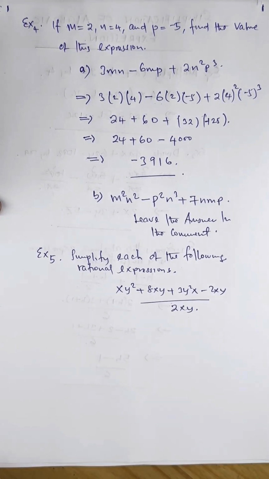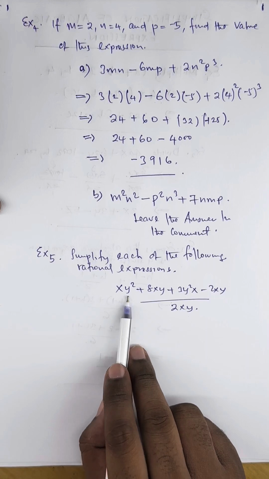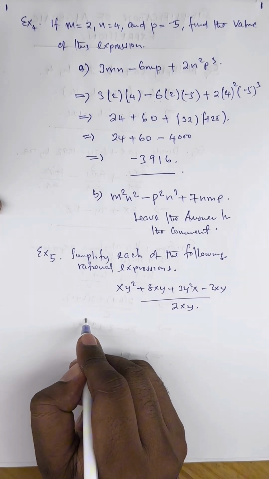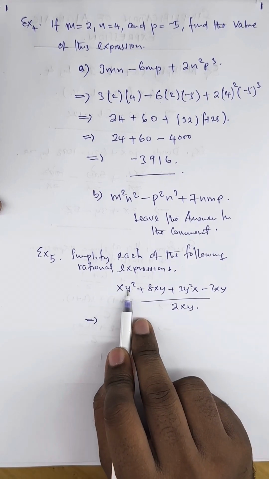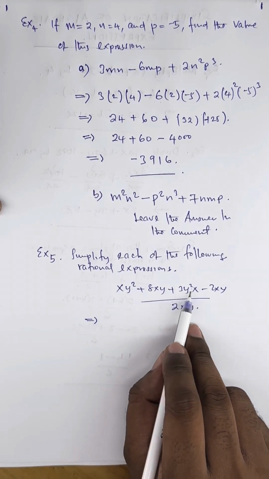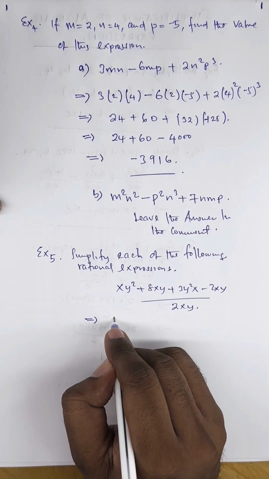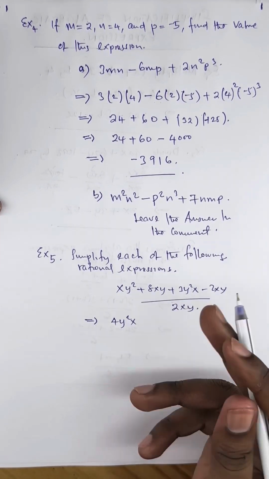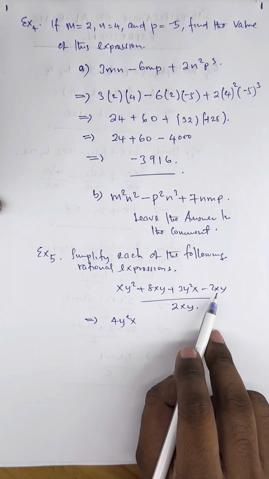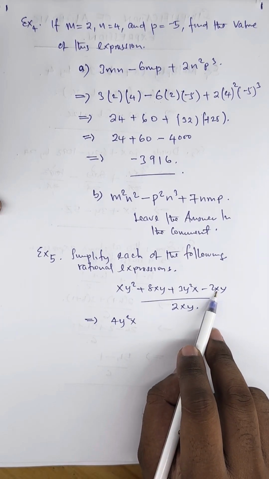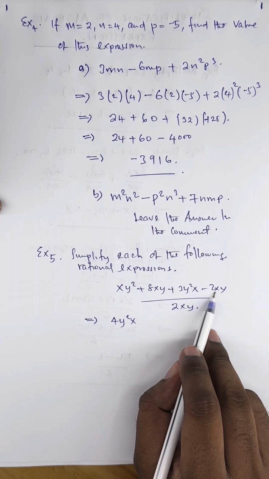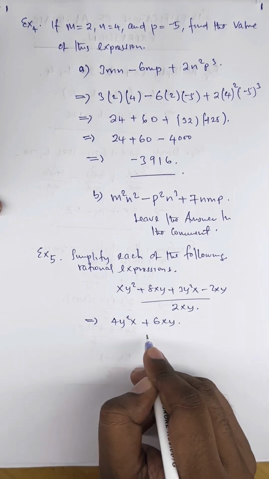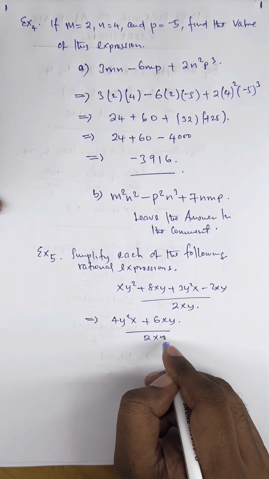So first of all, collect like terms. The ones with the y square belong to each other. So it means you're going to add them in terms of the coefficient because they are the same. So it's going to be 4y square x, or another person can write 4xy square. It's okay. 8xy and 2xy belong to each other. So 8xy minus 2xy gives 6xy over 2xy, okay?